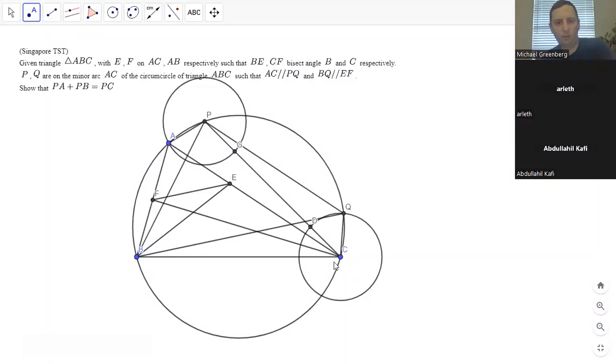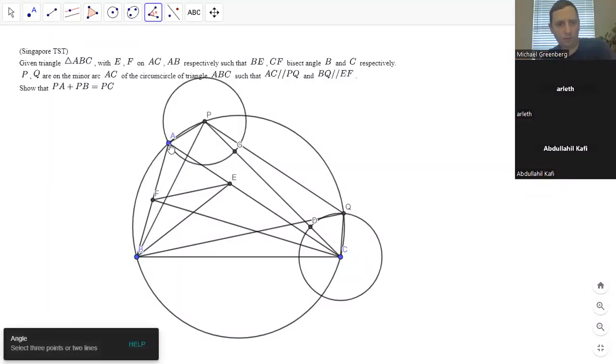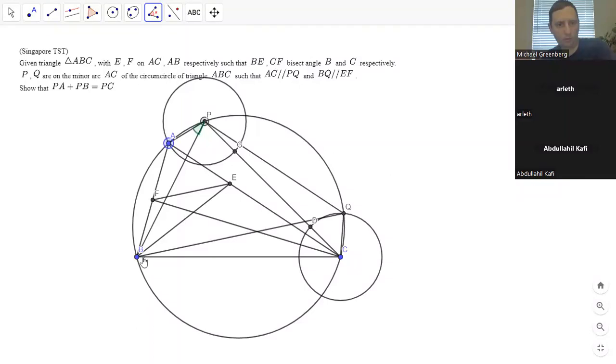Do these, maybe these angles add up to 90? Let's see. 50.9.